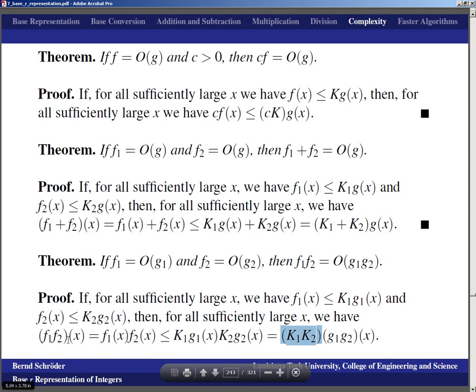So that means that f1 f2 is bounded, for sufficiently large x, by k1 k2 times g1 g2, and so it's capital O of g1 g2.